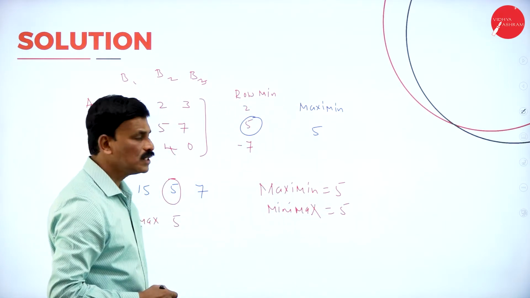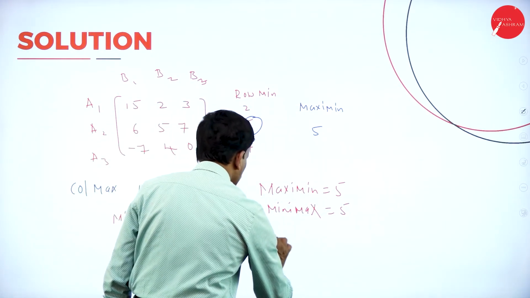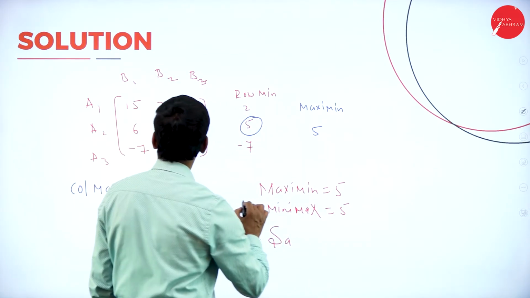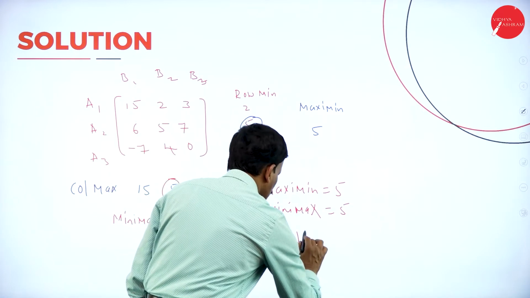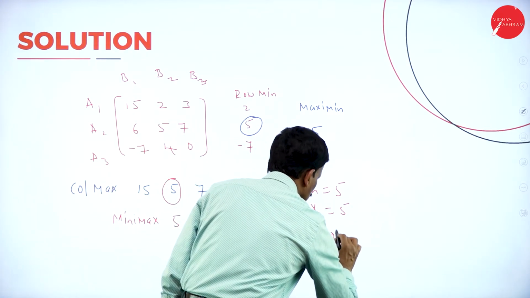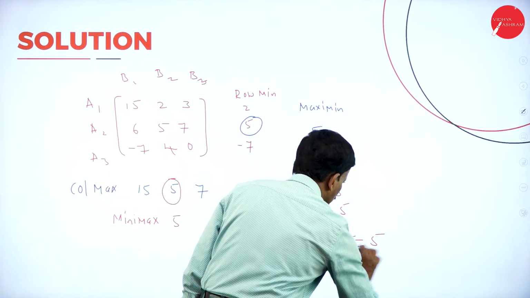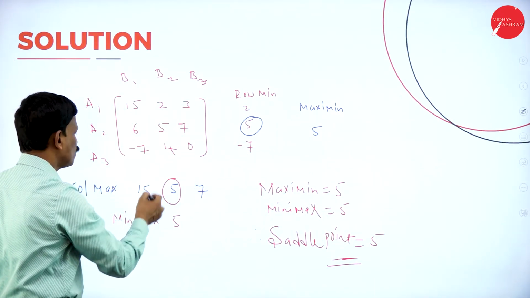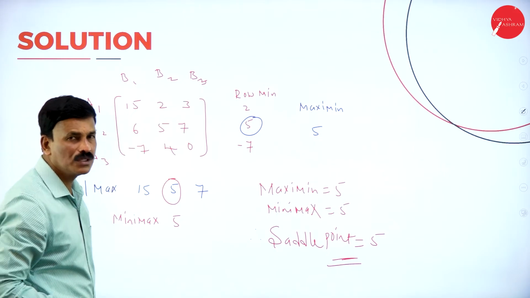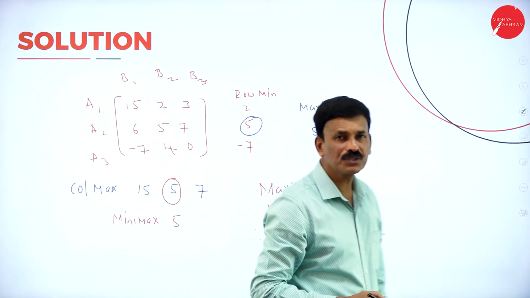Therefore, this is called the saddle point. The saddle point is equal to 5. So the minimax value is 5 and the maximin value is also 5. Therefore, 5 is the saddle point for this game.